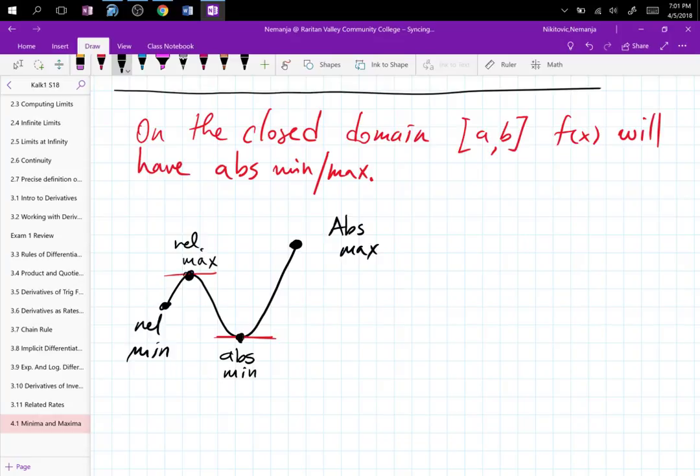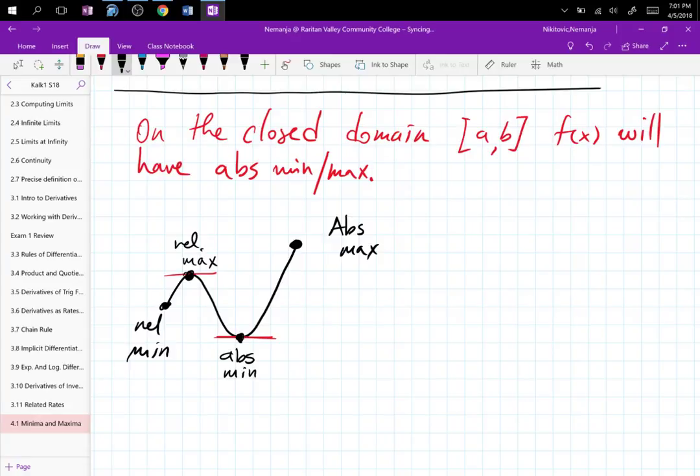The highest of all y values is what kind of point? Absolute max, thank you. The lowest of all y values is? The lowest of all, absolute min, right?